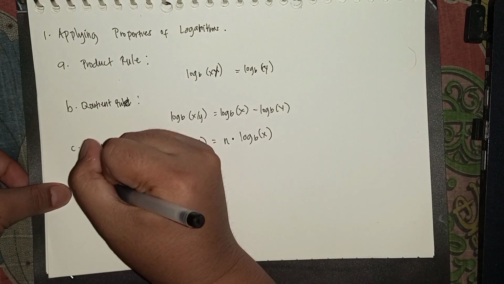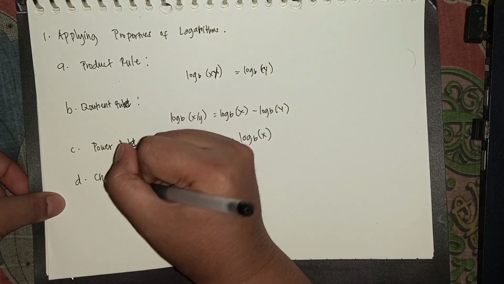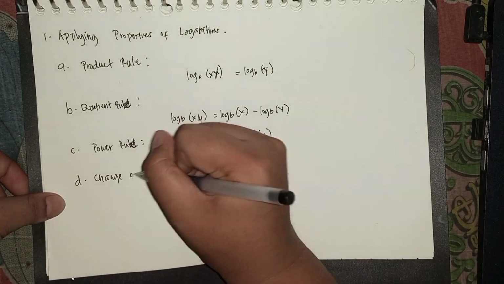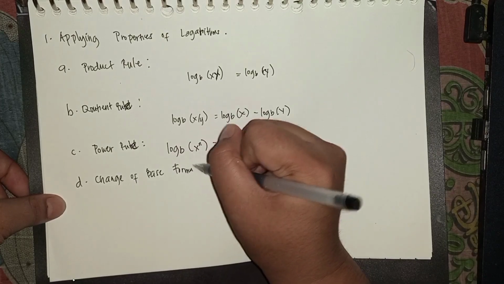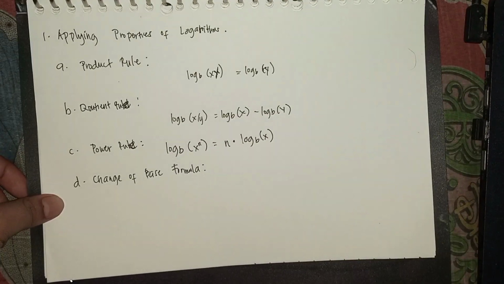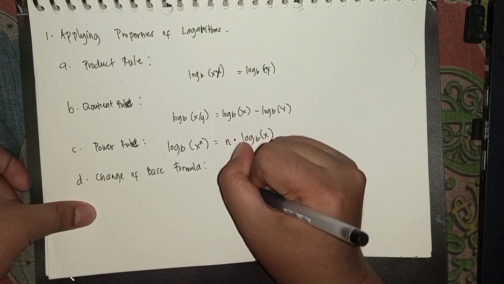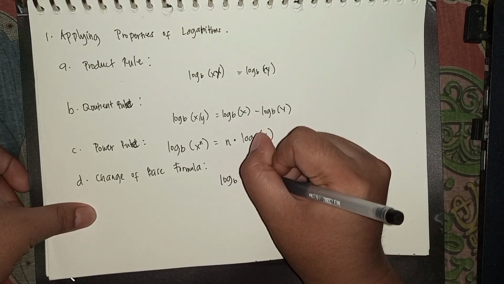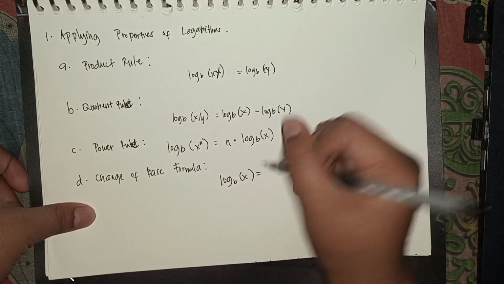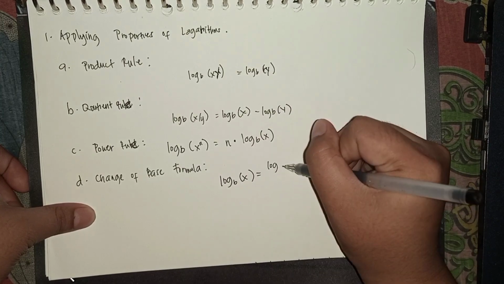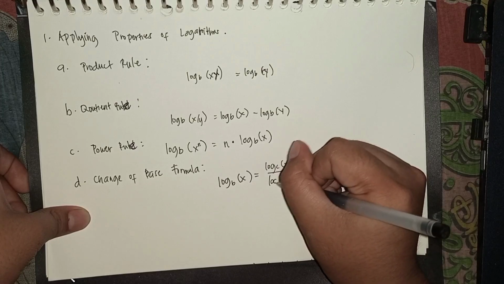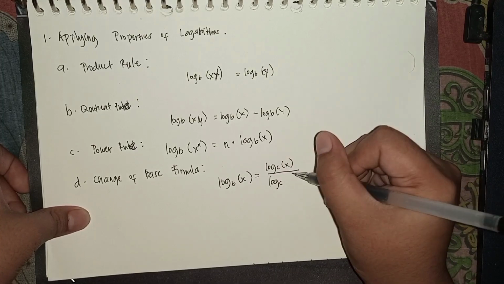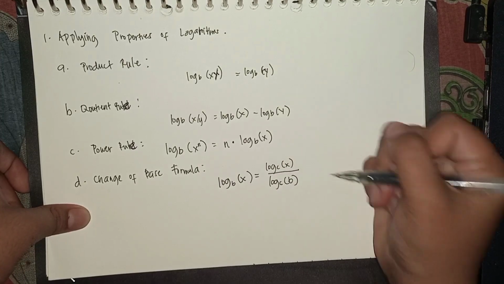And lastly, we have the change of base formula. It is simply put as log b of x is equal to log c of x over log c of b.